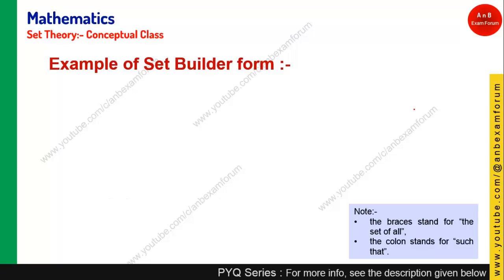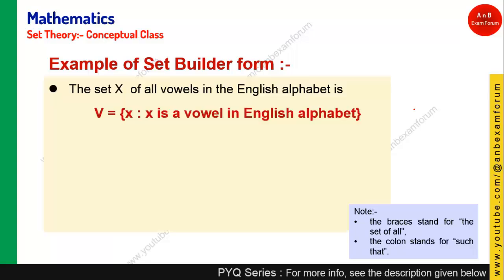Again, let's see the example first. After that we are going to cover the definition. First is again the similar set of vowels in the English alphabet. Instead of listing all those members, we just specify a property, the common property.